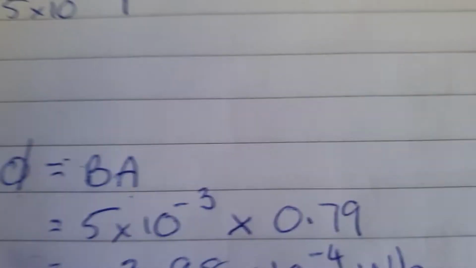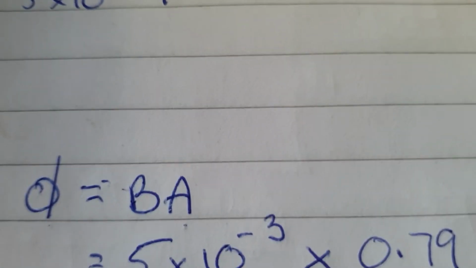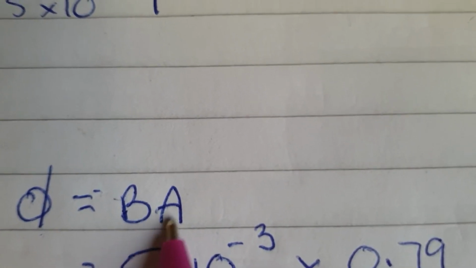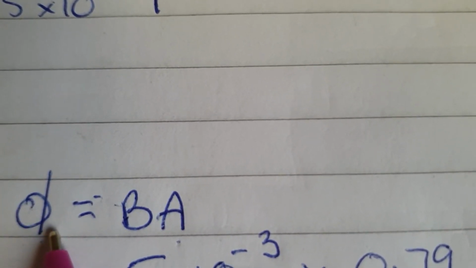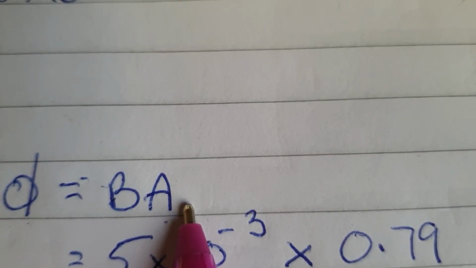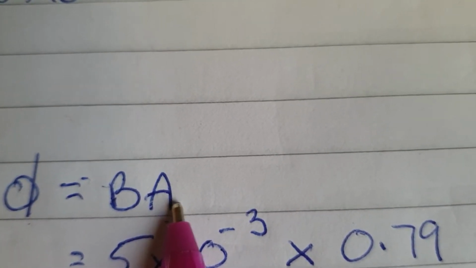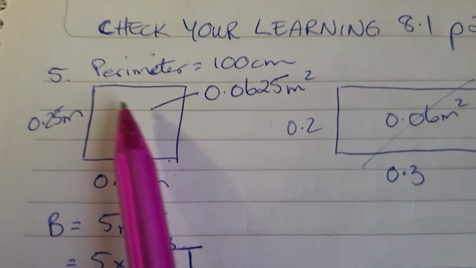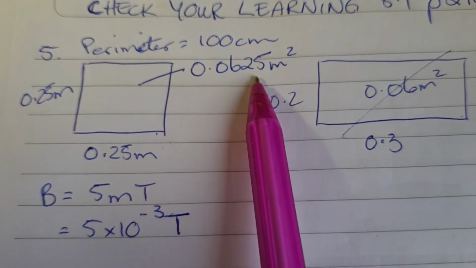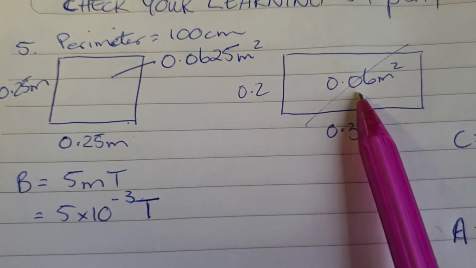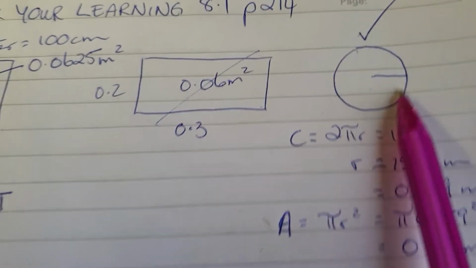So over here I've already had a bit of a go at this because this is my third go at this video. We've got flux, which is what it wants us to find, is the magnetic field strength by the area. So the bigger the area, the more magnetic flux. So we want a big area. If we look at some of our options, square gives us this area, rectangle gives us this area, and lo and behold, a circle.